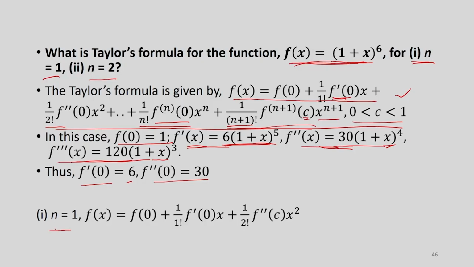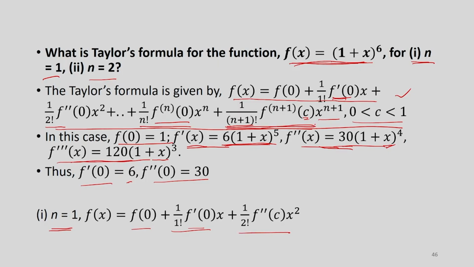Now at n is equal to 1, what is the formula? In that case, the left hand side is fx, and the right hand side is f of 0, and f dashed 0 multiplied by x divided by factorial 1. So this is the first term, and that is n is equal to 1. I have to stop there, and plus the rest, that is the correction term.